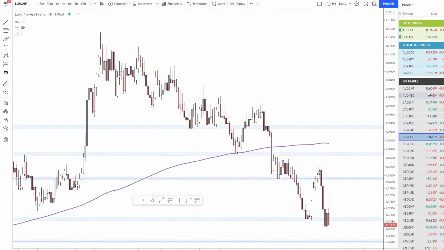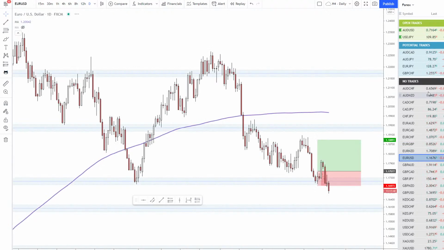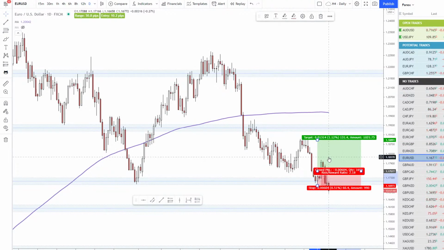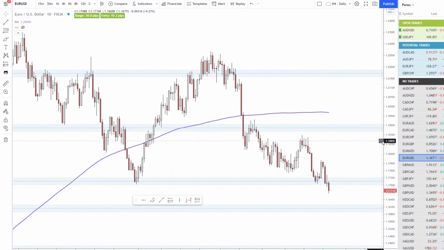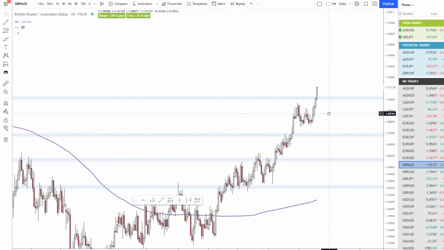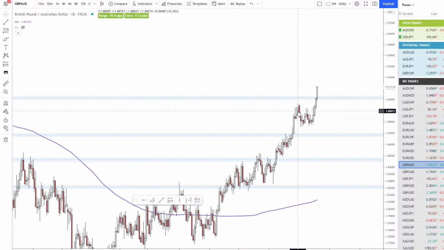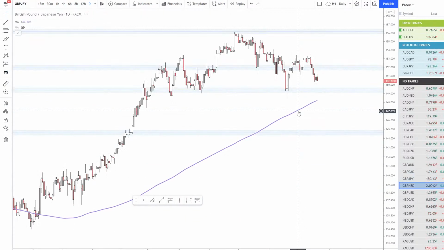I'm loving this AUD weakness. That's finally happening. What's this? I don't know why I have this here. Need to redraw some support resistance.